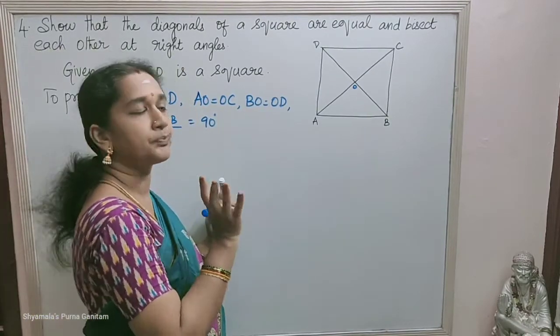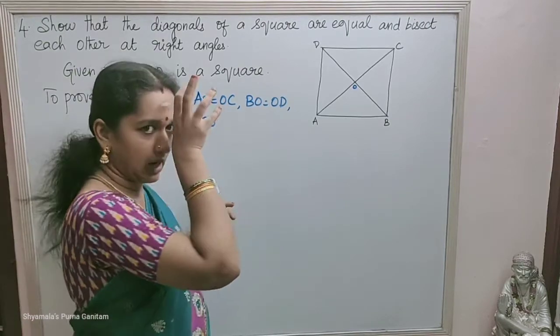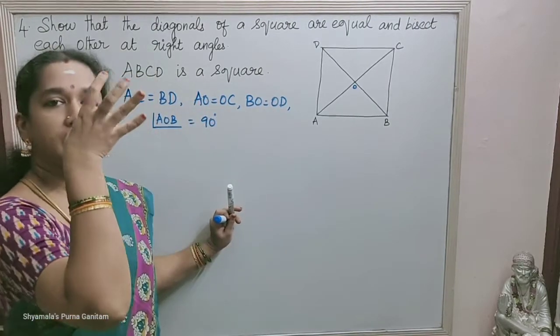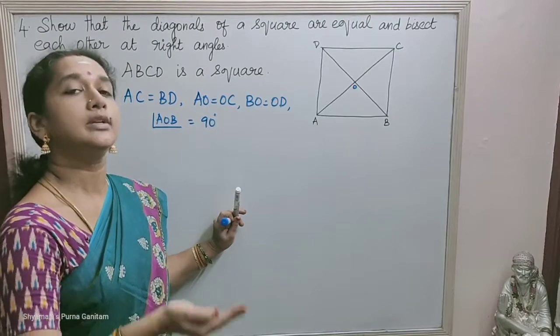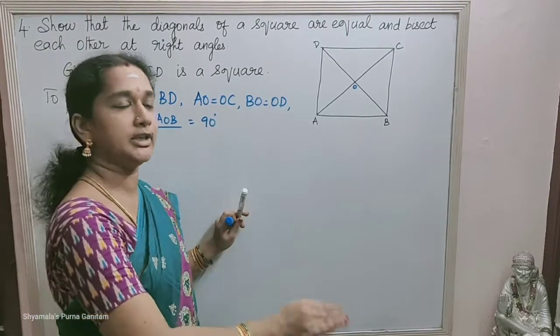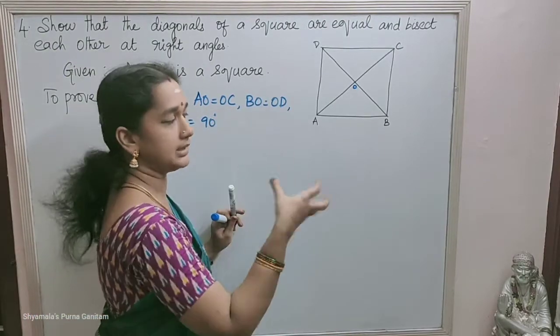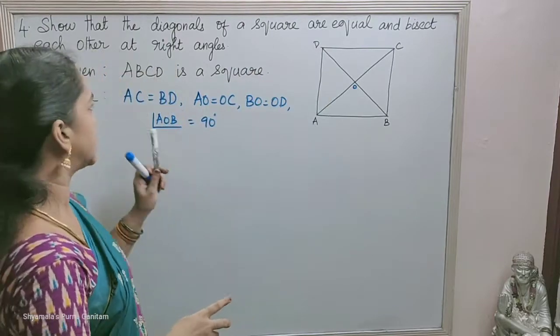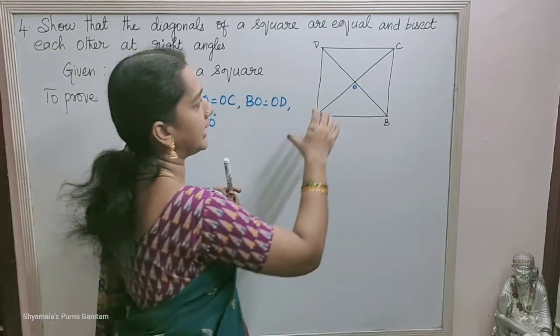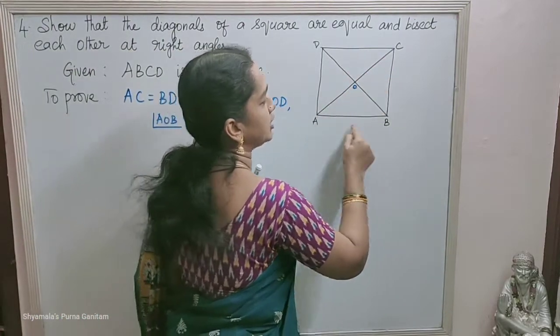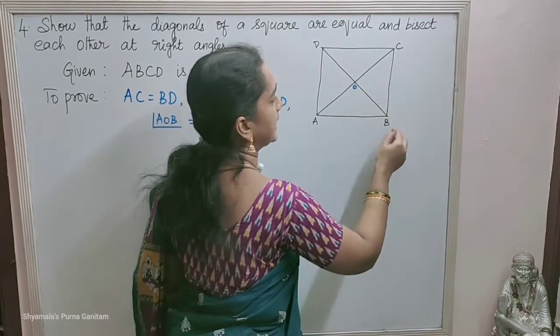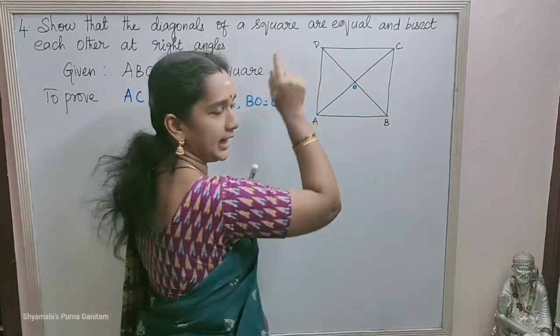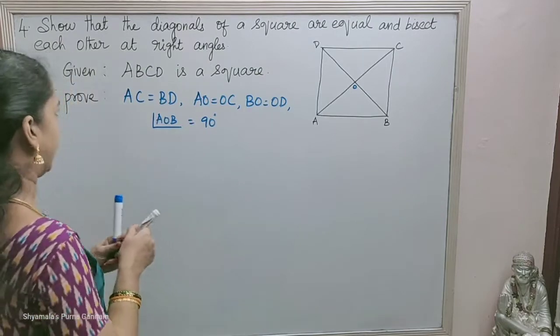According to the question, depending upon what they are asking us to prove, we will take the triangles. So, AC and BD means you take triangle ABC and triangle BAD. These two triangles we will take.